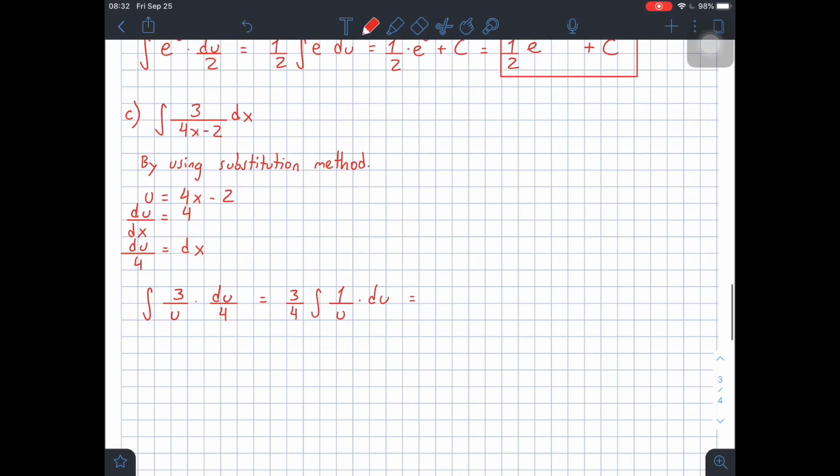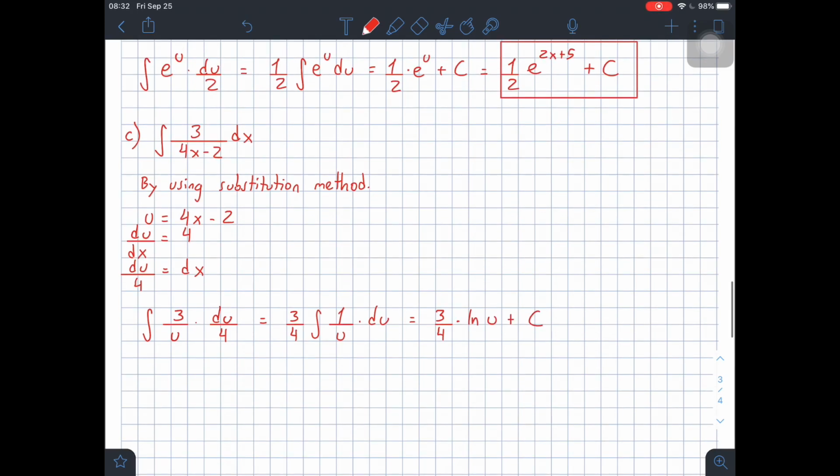So this is 3/4 times natural logarithm of u plus c. And finally, I need to make the variable change again, right, to its original expression. So I'm going to say that the integral is 3/4 times natural logarithm of 4x minus 2 plus c. And this would be the final answer for this integral.